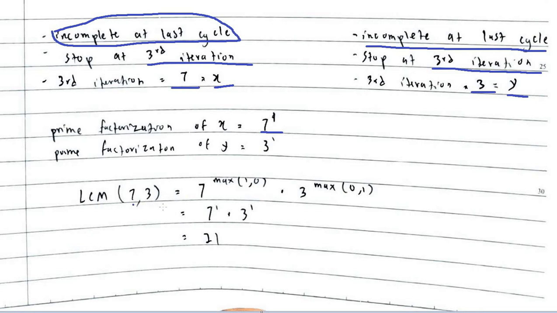So find the LCM: for 7, the maximum power between 1 and 0 is 1, and then times 3, the maximum power between 0 and 1, so we choose 1. So we get 7 to the power of 1 times 3 to the power of 1, so we get 21.